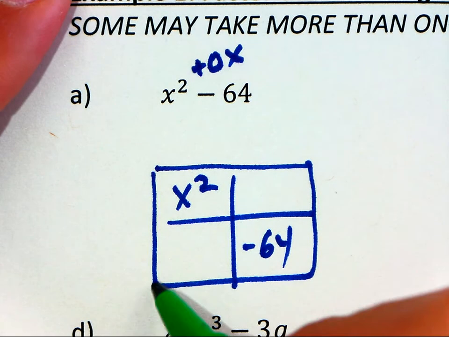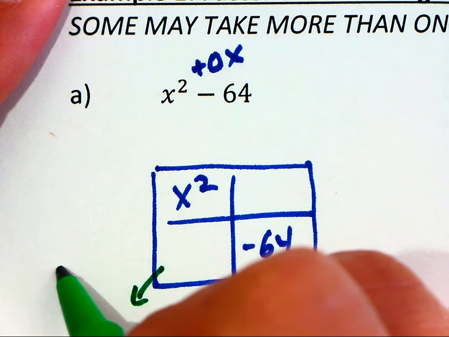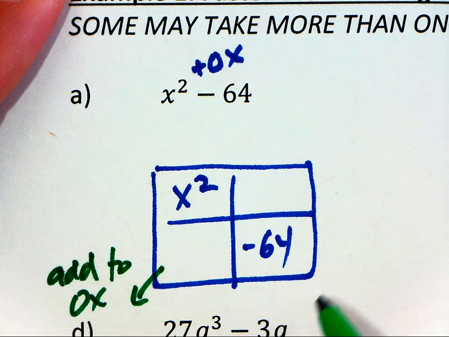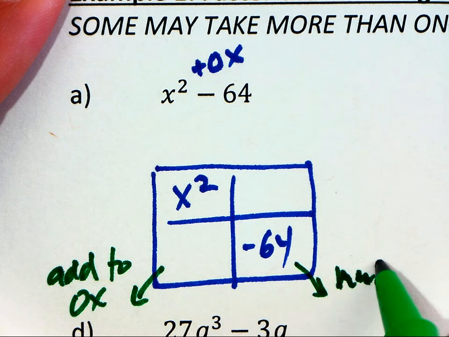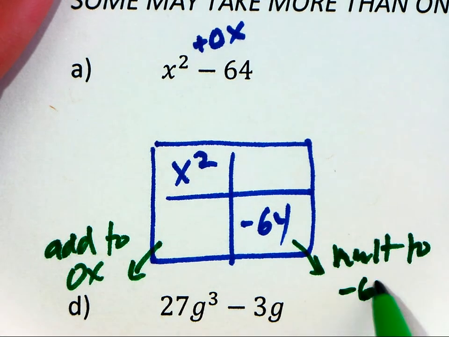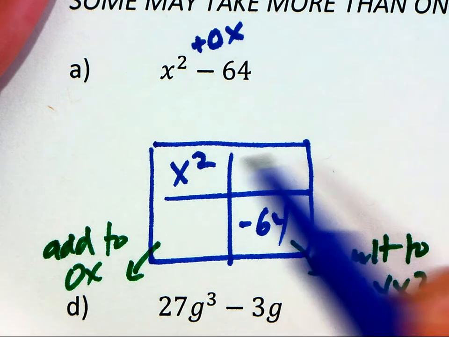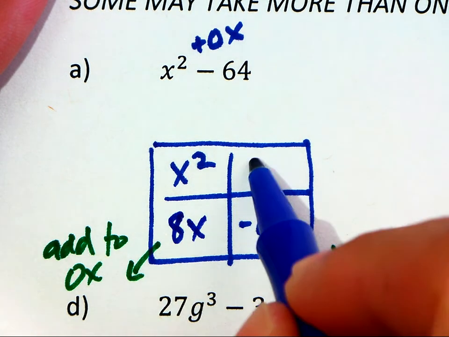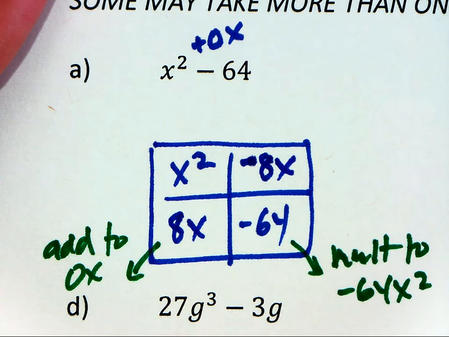That gives me my first clue, that my 2 empty boxes have to add up to 0x, and the other clue is that they have to multiply to negative 64x squared. You'll probably realize pretty quickly that the missing terms are positive 8x and negative 8x.